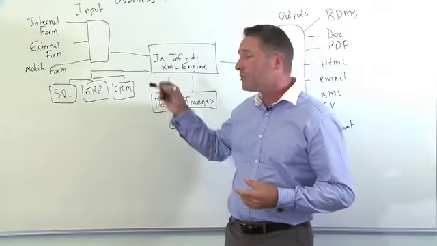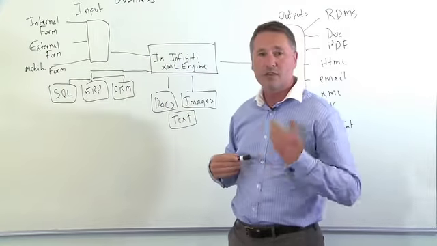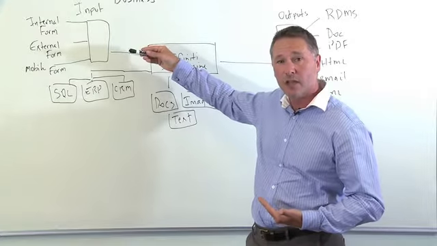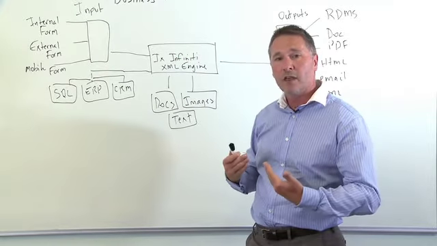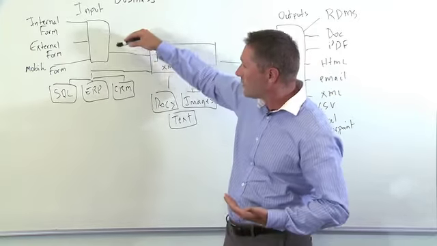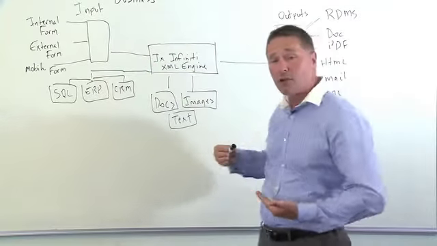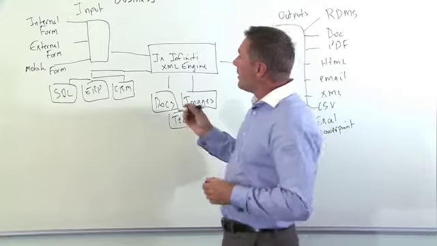But because we can link to any data source, so we can link into SQL databases or Oracle or SAP, we can also draw that data out and push that into an intelligent form. So these smart forms can be quite rich and interactive and have data displayed in those forms and interact with the user. The output then may be a document, it may not be, it may be an update to a database.